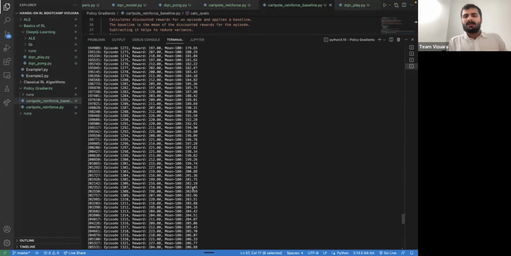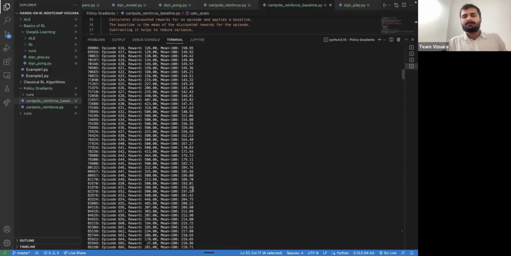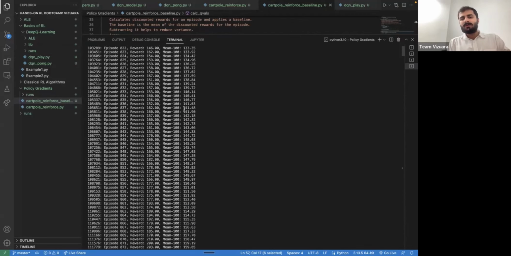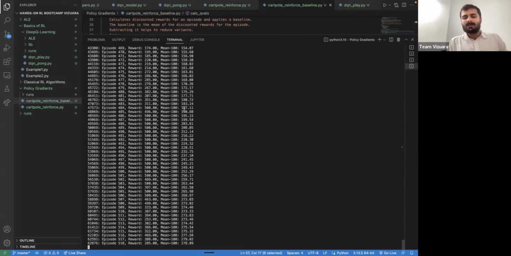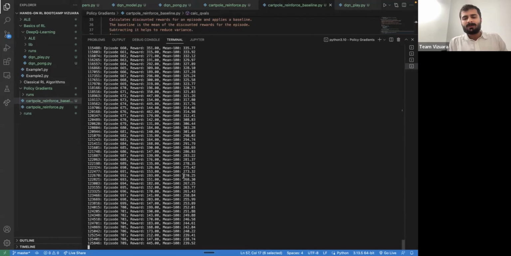And here you can see already that there is a lot of variation between different episodes. It's like it goes up, goes down, and then sometimes it goes too down, again goes up, again goes down. So you can see that there is a lot of variation. But if you run reinforce underscore baseline, first of all, you can see that the output might converge in a less amount of time, or less number of episodes compared to the simple reinforce.